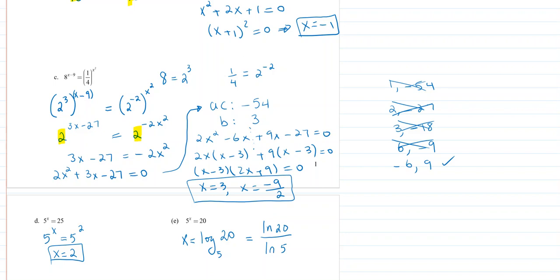But sometimes the equations look a little bit more complicated than that. What I want you to notice is that it was not so easy to write the right-hand side of this equation as a power of 5. We didn't immediately see 5 to what power gives us 20. So we had to use logarithms to solve the equation.